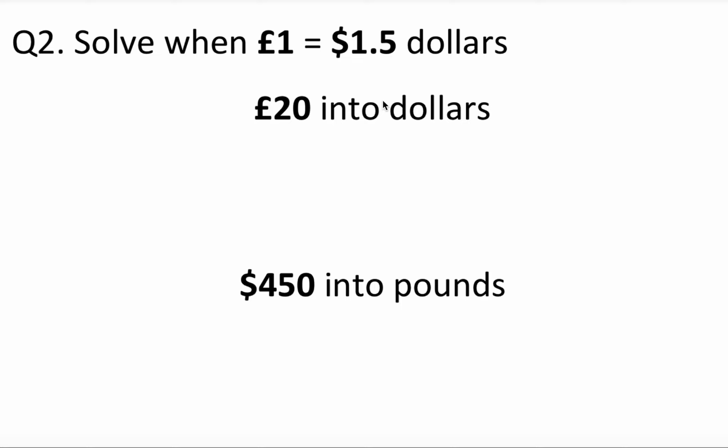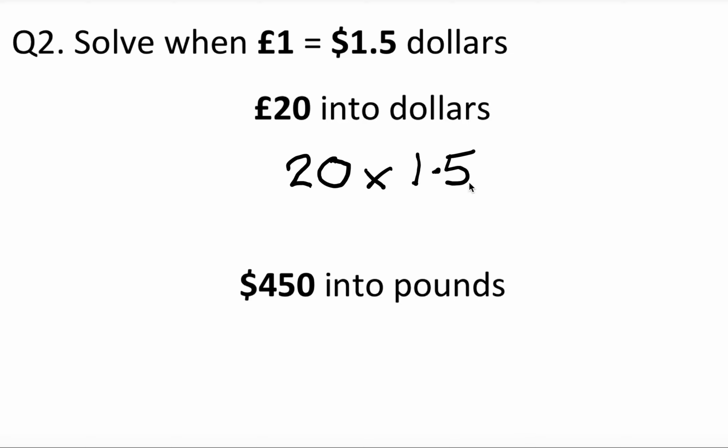So currently the exchange rate is £1 equals $1.5. So if you've got £20, what's the equivalent in dollars? Basically, you're going to have more dollars, aren't you? So what will you do? You get your 20 and you times it by 1.5.